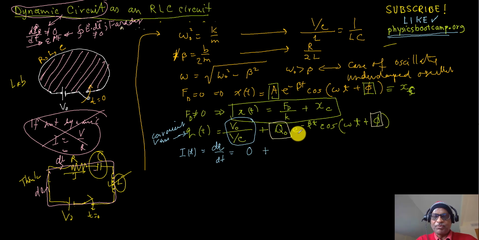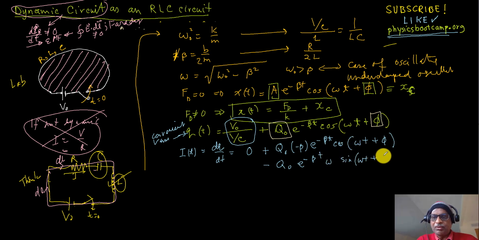Plus, I need to have a q0. We take a derivative of this: minus beta e to the minus beta t, and you have a cosine of omega t plus phi. And then I've got a minus, cosine becomes sine, q0 e to the minus beta t, and omega comes out, sine of omega t plus phi.